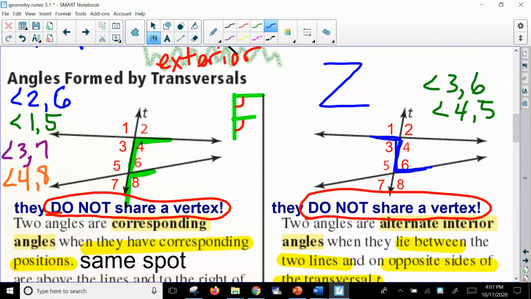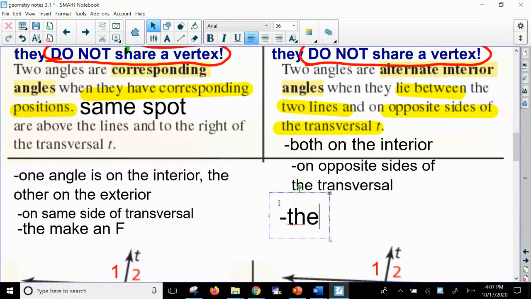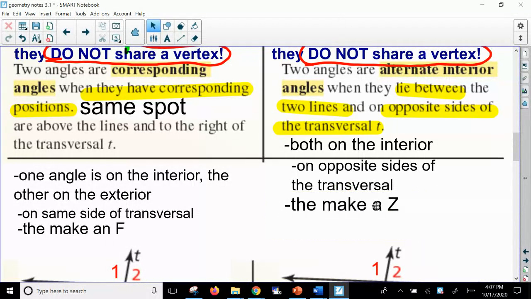But for me, every time I find alternate interior angles, I look for the Z. And those angles that are alternate interior are in the corners of the Z, right here and here. Okay? So I'm going to add also that they make a Z. That's for alternate interior angles.